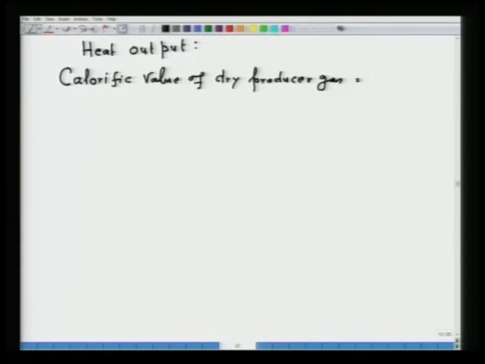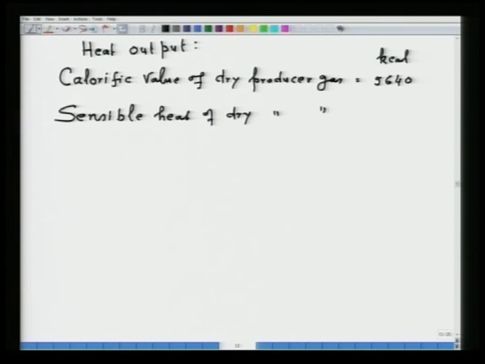That is, in our calculation, 5640 kilocalorie. Then the sensible heat of dry producer gas, that we have calculated as 932.8 kilocalorie. Now, the enthalpy of water vapor.